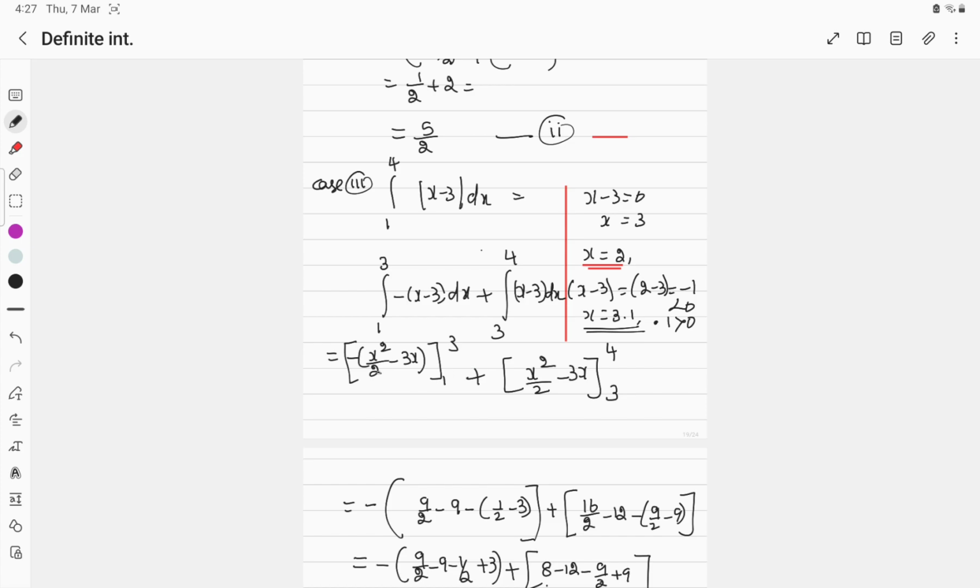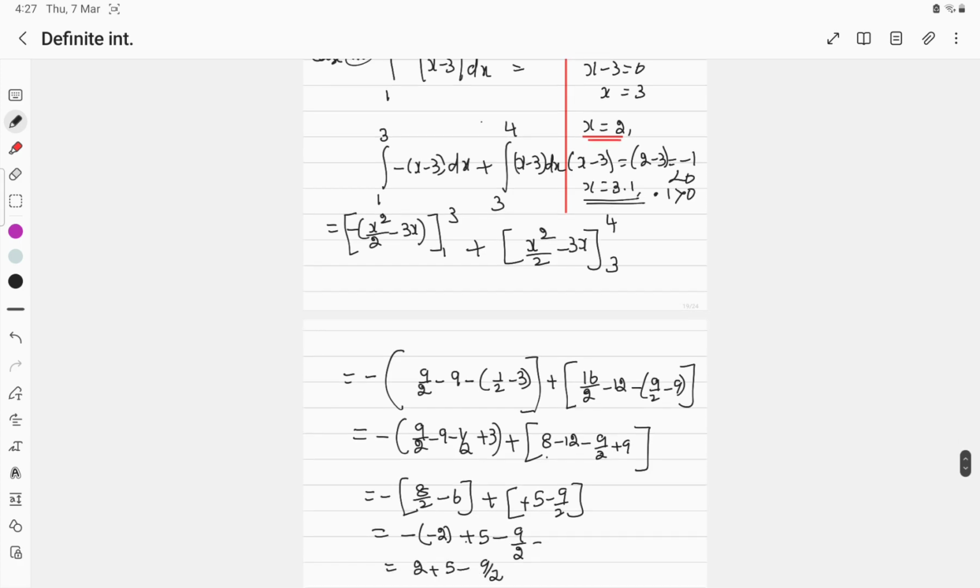Then on solving, we get minus x squared by 2 minus 3x, using 3 to 1 limits, we get plus 2. And second part, x squared by 2 minus 3x, using the limits 4 and 3.